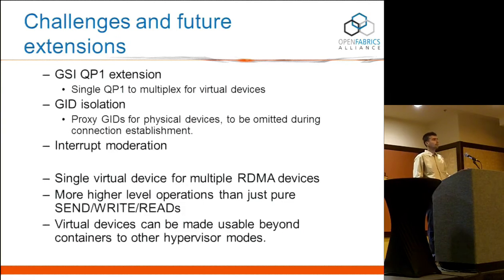which are for a physical device, but they are mapped to the virtual device. And so when they are mapped to a virtual device, any connection establishments that go through a physical device should not have visibility into those GID entries.